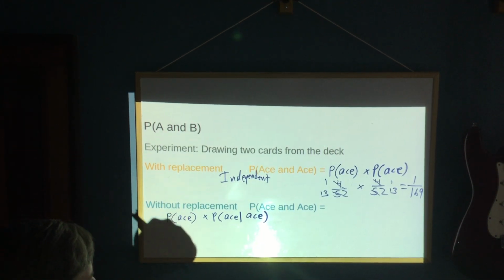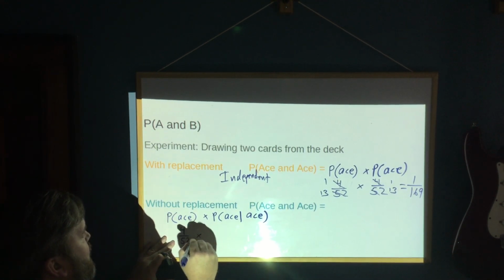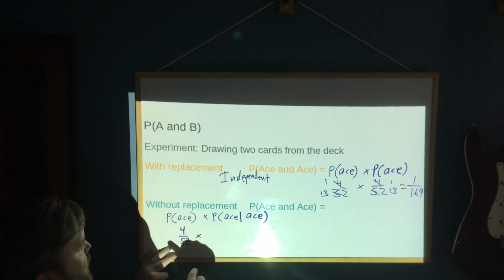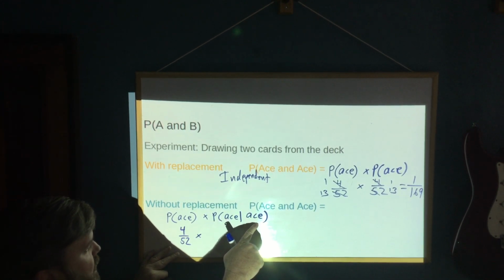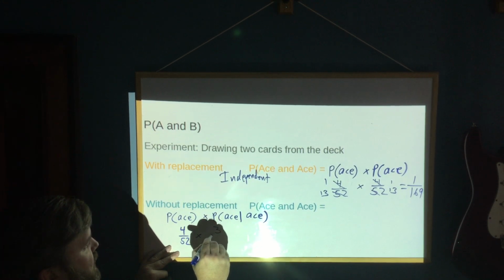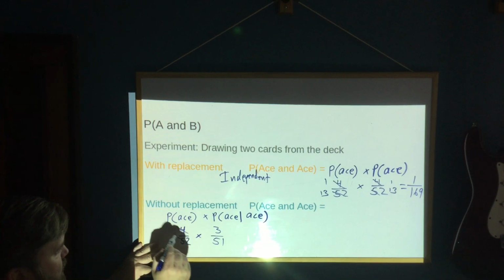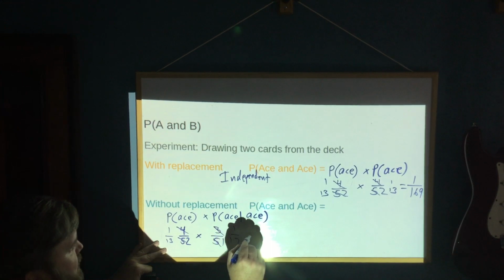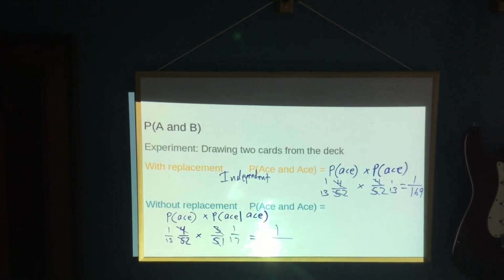So the probability that we get the first ace is 4 out of 52. I'm not going to put it back in the deck. So now we only have 3 aces left and we only have 51 cards left. So the probability we get an ace, given we've already got one the first time, is now 3 out of 51. This is going to reduce to 1/13. This is going to reduce to 1/17. And we get 1 out of, let me cheat here and use my calculator.